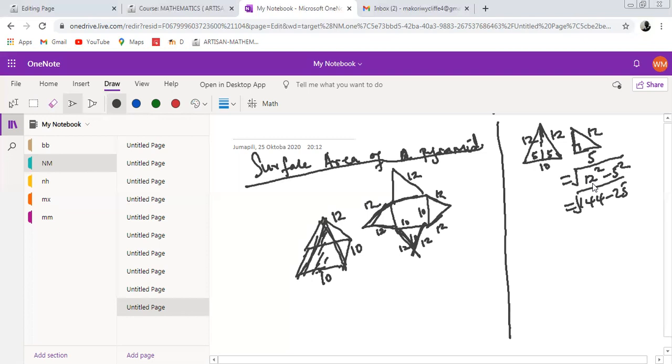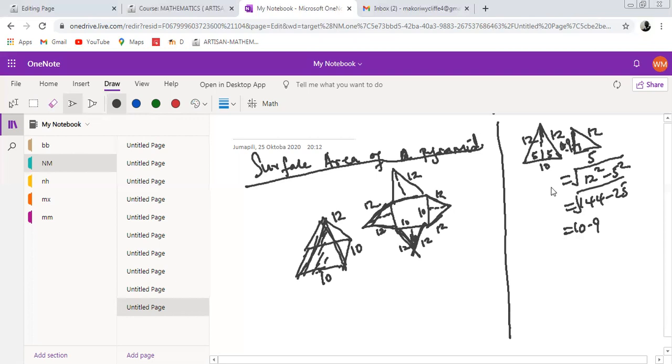144 minus 25 is equal to 119. Then the root of 119 is 10.9. So this height is 10.9, which is the same as the height here, and the height here, all through.